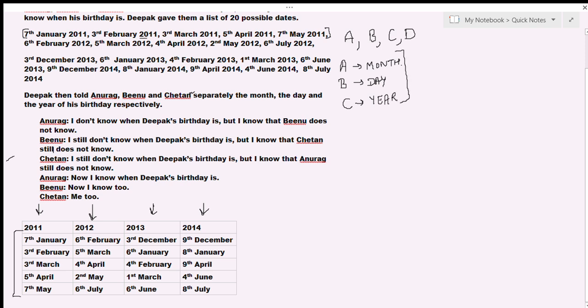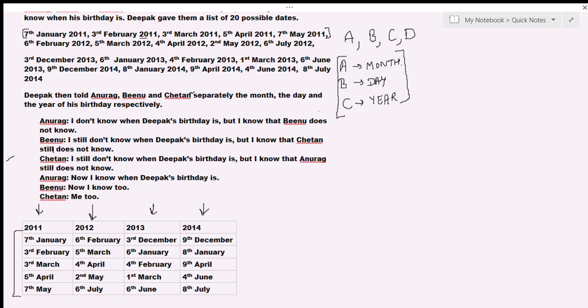Now understand each and every sentence carefully. The same part we did in the previous class we'll discuss today: rather than reading the entire conversation in one go, we'll read each statement one by one.